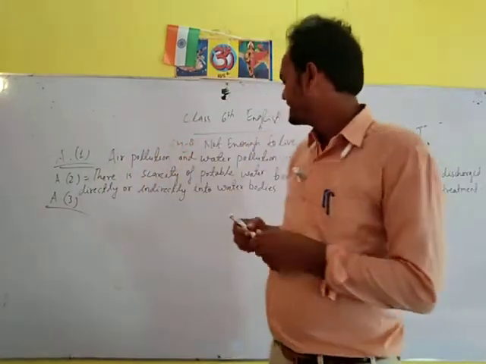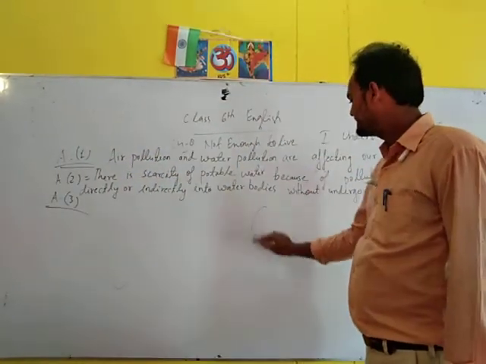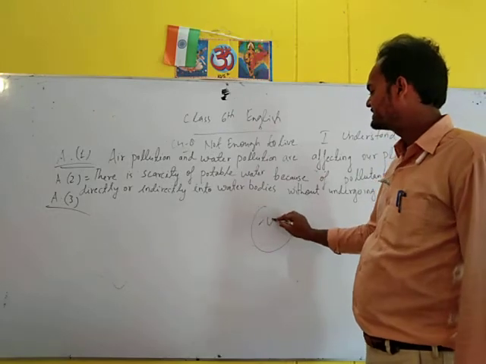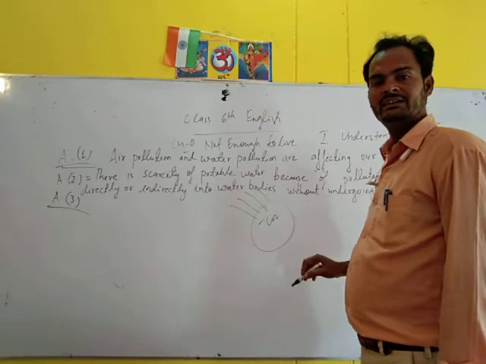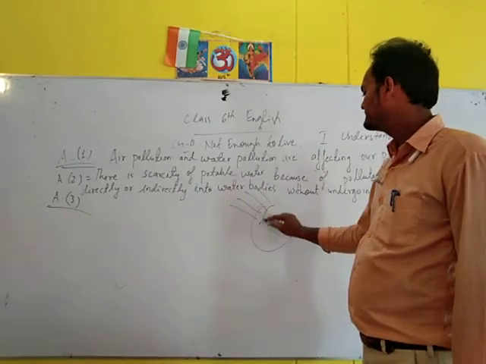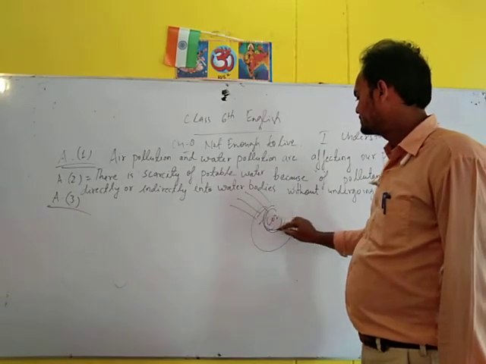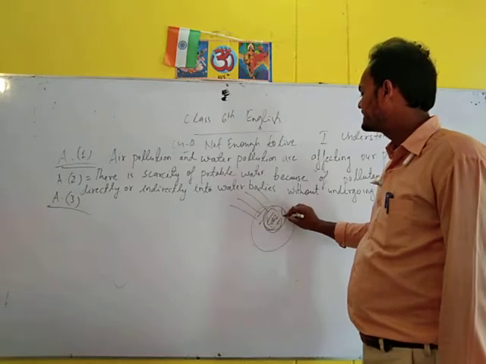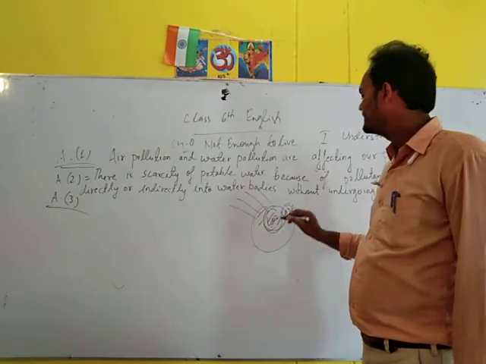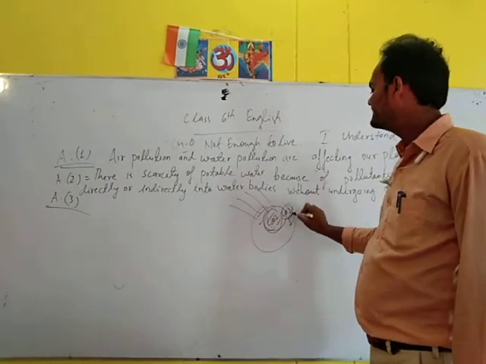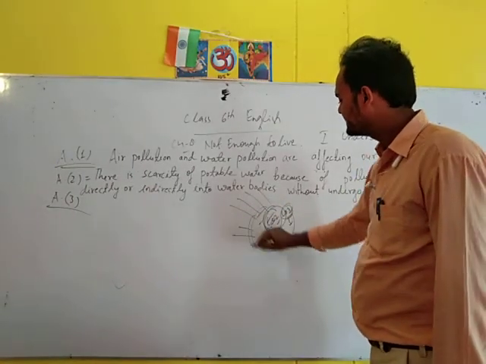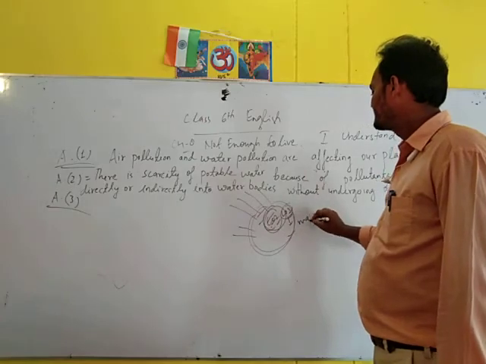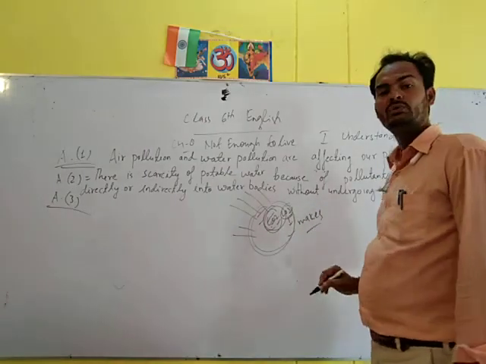Let me explain: in the atmosphere there is carbon dioxide gas, sunlight passes through it, and some sunlight is absorbed by carbon dioxide. And when it is night time, this heat radiates again onto the earth and makes the earth hotter.